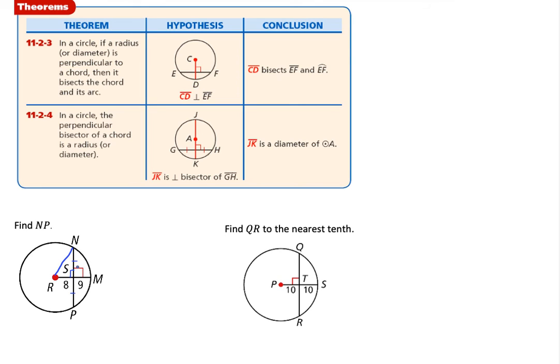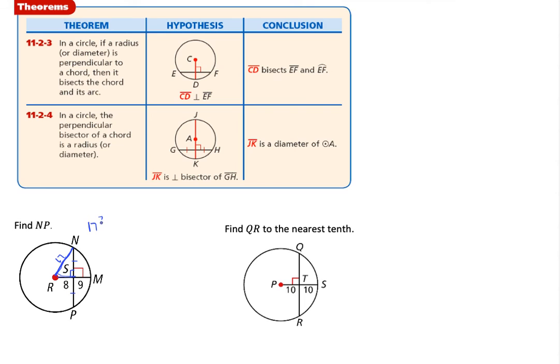Because we know this length here, because this is a radius, and this radius is 17. We know this little part here is 8. So we can use Pythagorean theorem to find the length of half of this chord, actually.